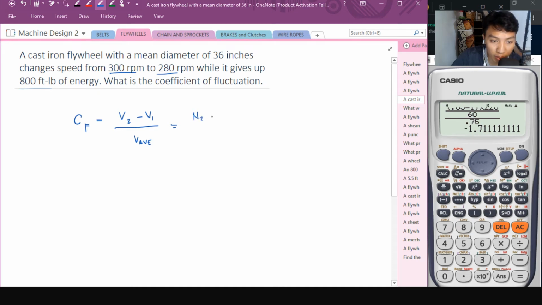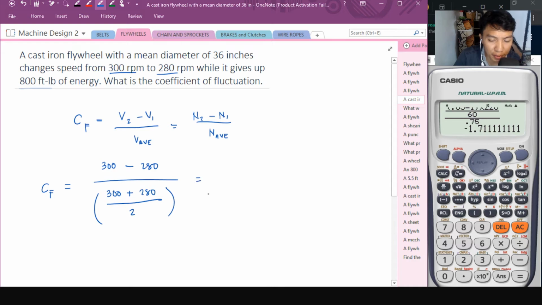N2 minus N1 divide by N average. Oh, pwede na yan. So, coefficient of fluctuation, that is equal to, hindi nyo na i-consider tong energy. Meron ka ng speed na binigay dyan. So, 300 minus 280 divide by 300 plus 280 divide by 2. Average eh.